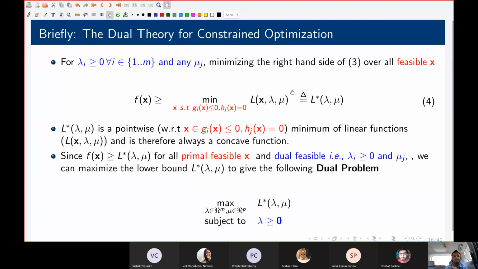Okay, so now what we do, our most favorite thing, right? If we have an inequality, you notice that the left-hand side of the inequality has no lambda or mu.